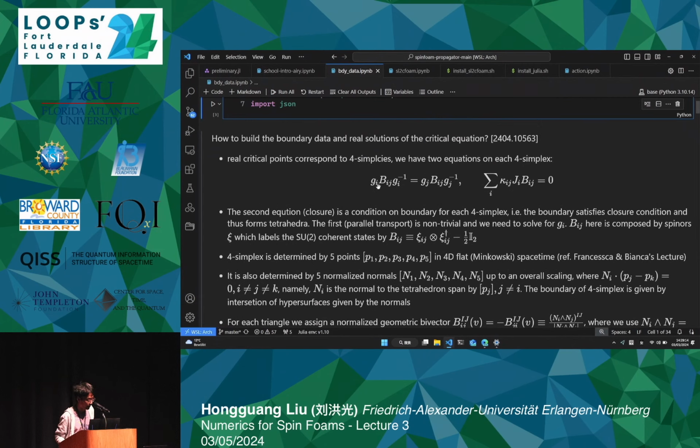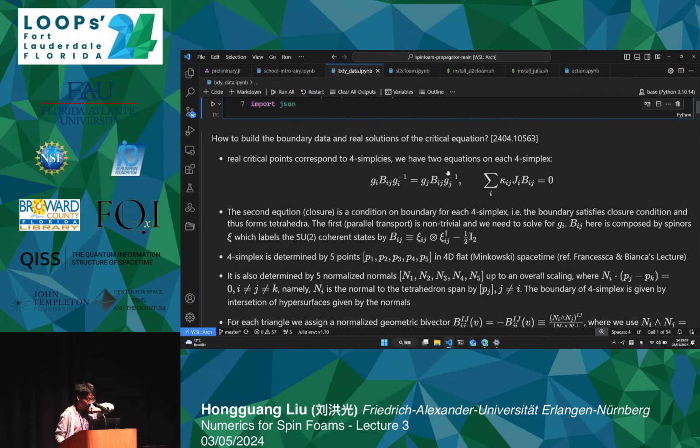And also we have the solution of the critical equation, which is now given by these SL(2,C) group elements. Now the task is how to build these two data from a geometry. One thing is when we give the geometry, we give the whole four-simplex. It's a 4D object.